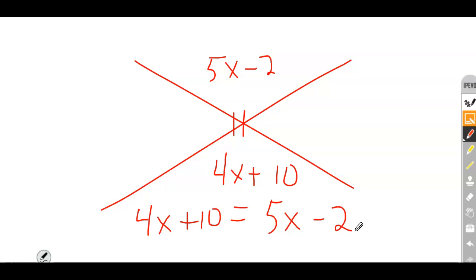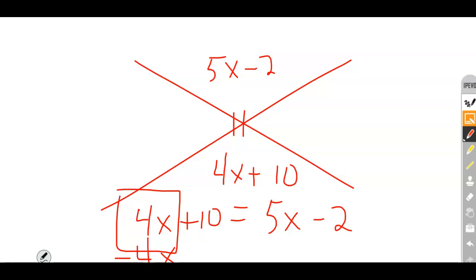So how do I move things across the equal sign? Let's just say I wanted to get rid of 4x. How would I get rid of 4x on the left side? Subtract it, right? If I was trying to get rid of the 10, you would say subtract it, because you're adding it.